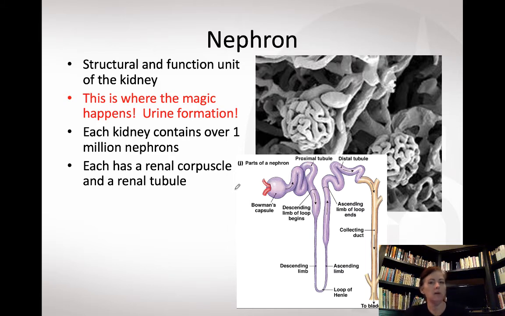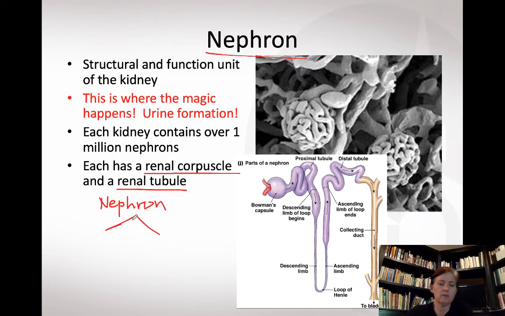So when we look at nephrons, they consist of 2 structures. They have a renal corpuscle, and they have a renal tubule. So if we were to map this out, we have a nephron.